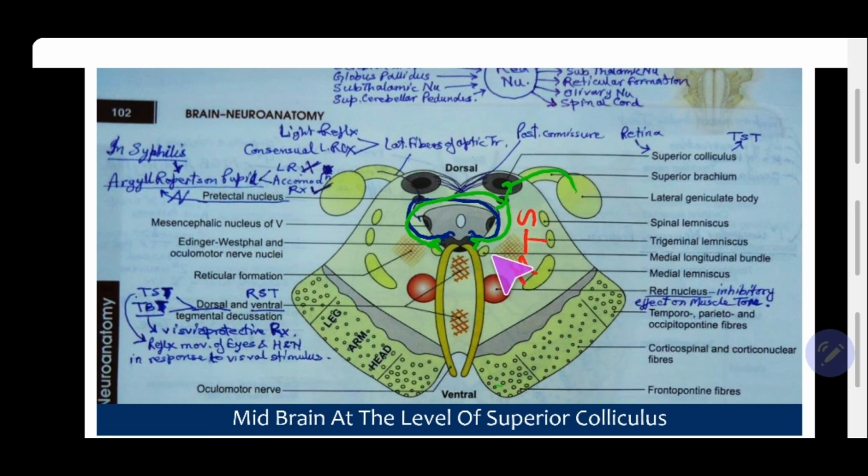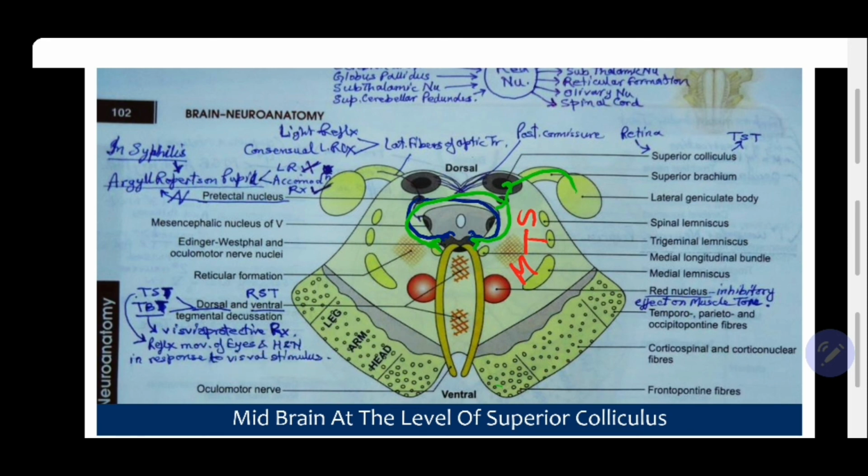The medial longitudinal bundle is as it is here. The reticular formation will be the same as in the segment below. Then the superior colliculi intercommunicate through commissural fibers called the posterior commissure. So there is also white fiber in the tectum area posteriorly, which communicates the two colliculi.